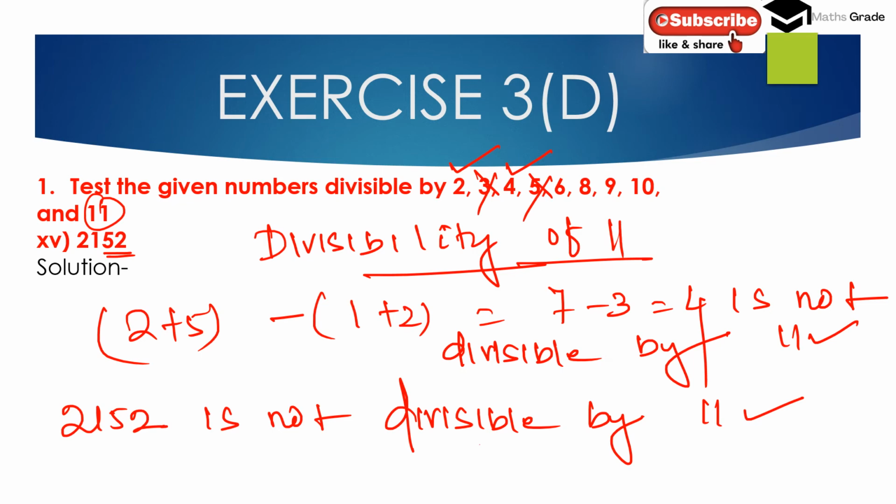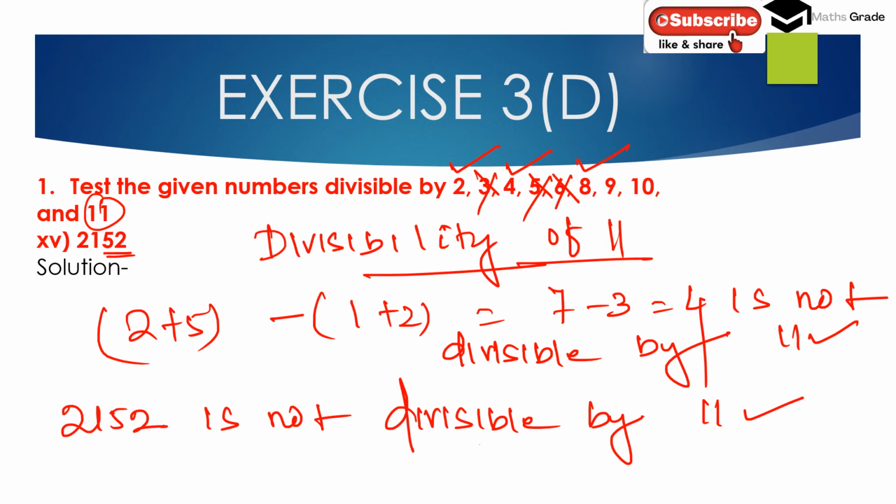The last digit is 2, which is divisible by 2, and the sum of digits is 10, which is not divisible by 3, so this number 2152 is not divisible by 6. The last three digits of the number are 152, and 152 is divisible by 8, so 2152 is divisible by 8.